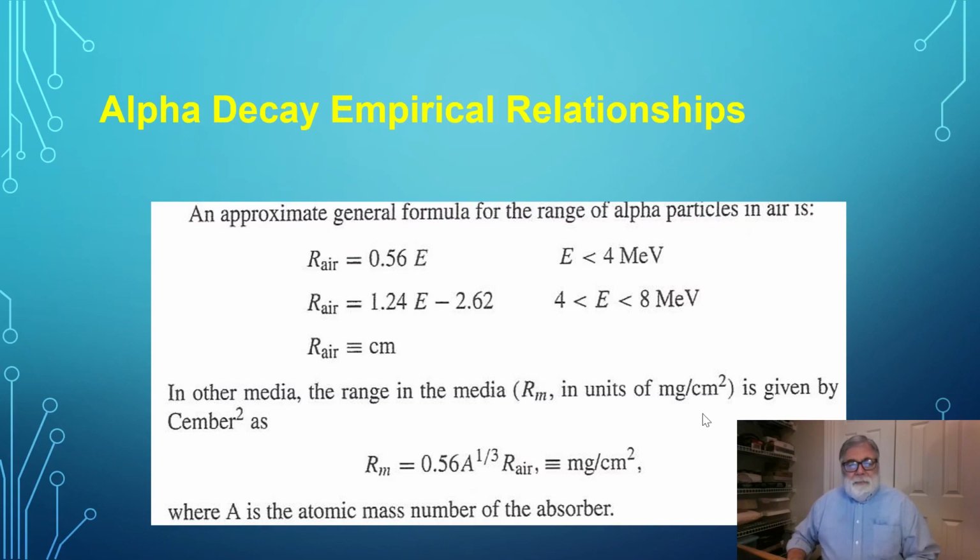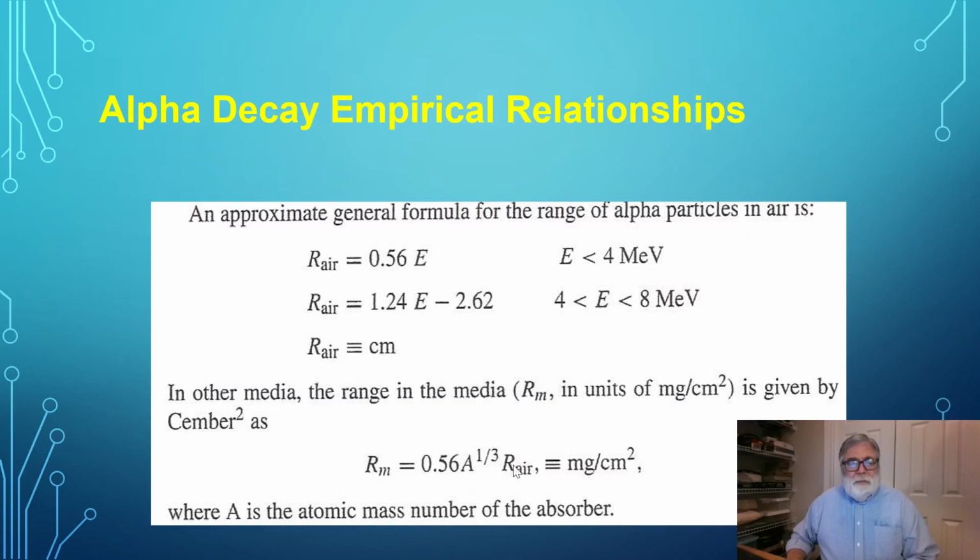If we express that in milligrams per square centimeter, we can take the range in air in milligrams per square centimeter by multiplying the distance by the mass density, and relate to other media by this formula, 0.56 times the atomic mass number to the one-third power, the cube root of the atomic mass number. That's just an empirical relationship between the range in different media and the range in air. We know the range in air from the formula we have.